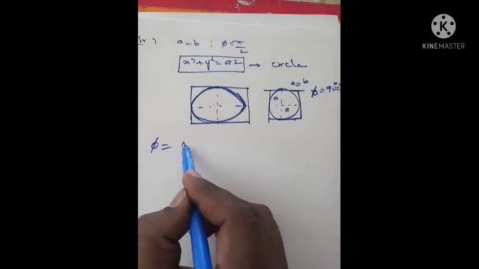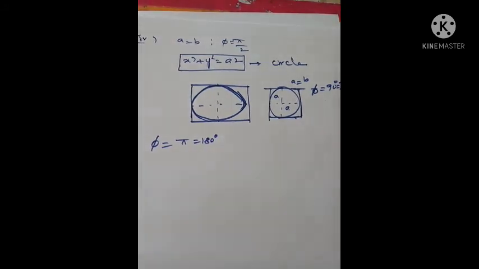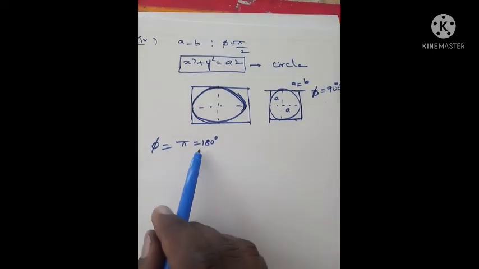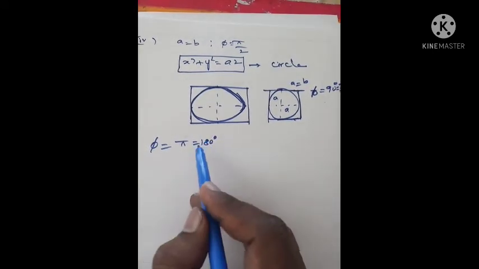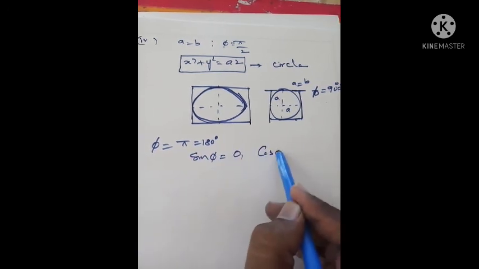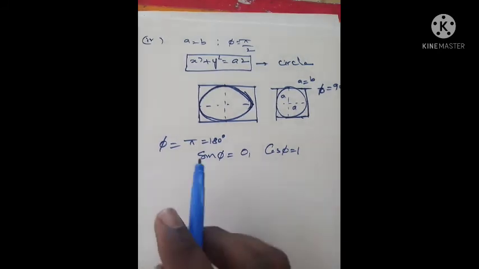Case 5, where phi equals 180 degrees. What do we get in this case? If we take phi equal to 180 degrees, sin phi equals 0 and cos phi equals minus 1, just like case 1.